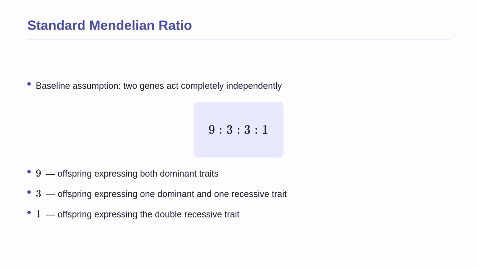The 9 represents offspring expressing both dominant traits. The first 3 represents one dominant and one recessive trait. The second 3 represents the opposite combination. Finally, the 1 represents the double recessive trait. This baseline assumes that the two genes are acting completely independently, without any masking.